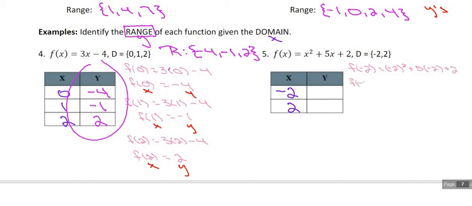When I square negative 2, I get positive 4. 5 times negative 2 is negative 10, so 4 minus 10, drag down the plus 2. 4 minus 10 is negative 6, plus 2 is negative 4. So when x is negative 2, y is negative 4.